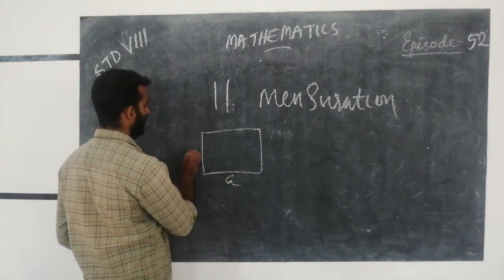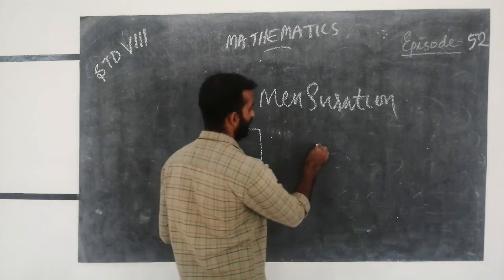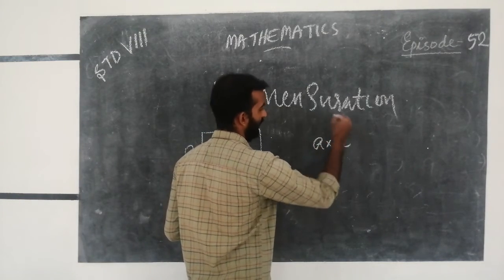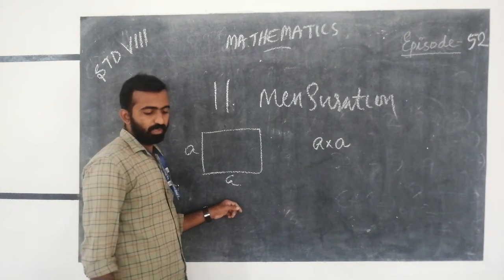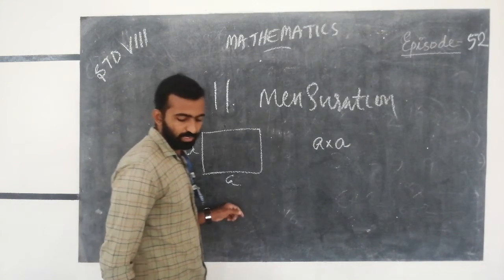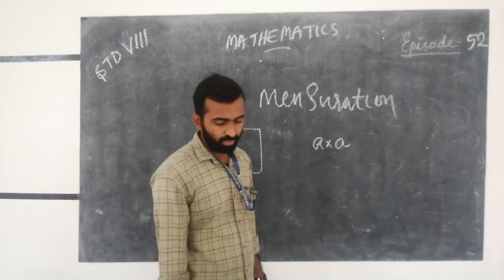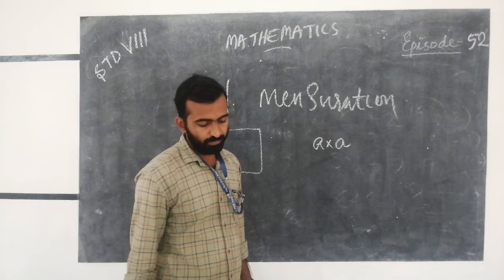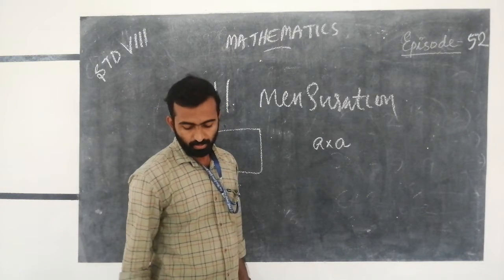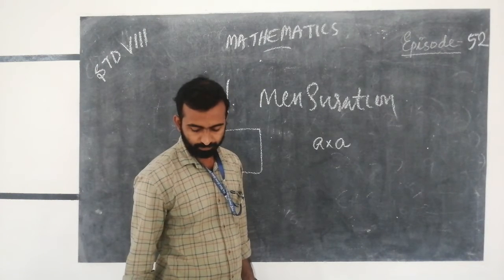We know the rectangle's area. If length is A and breadth is A, then area equals A into A. And what is the square area?